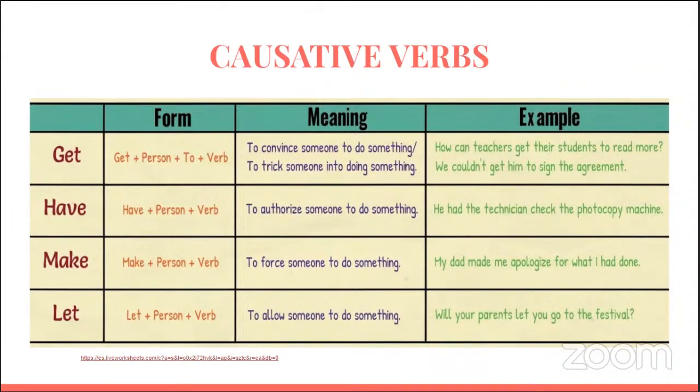Basically, in the first one, you are making that person do something. And in the other one, maybe it's the person's will that he or she wants to do it, and you're just allowing. You're saying, okay, go ahead, but you're not forcing, you're not saying you have to do this and you will do it. It's like you're saying, okay, you want to do it, all right, do it. That's the difference between allow and authorize.